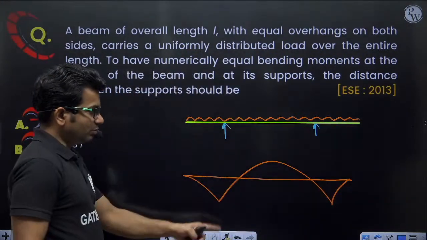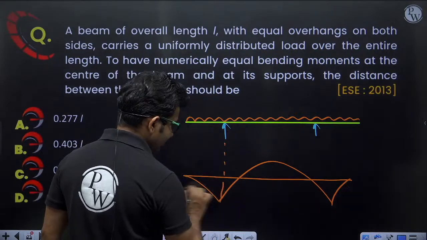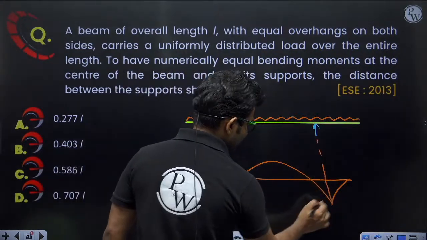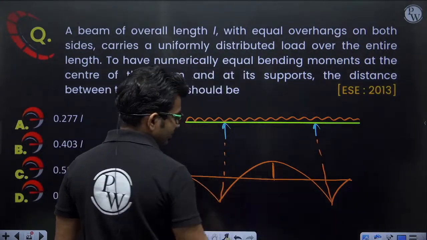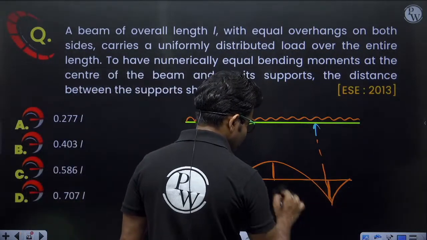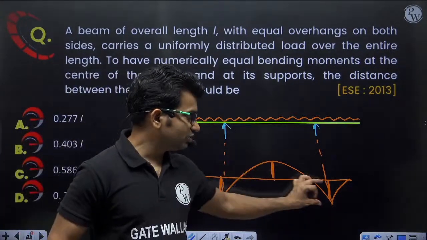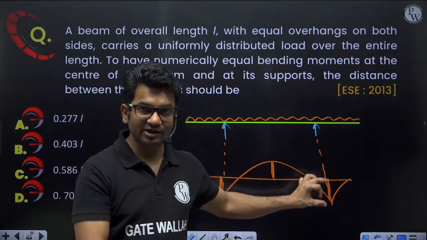This will be the bending moment diagram. At this location, bending moment will be this. At this location, bending moment will be this. At center, bending moment value will be this. These are numerically equal to each other.